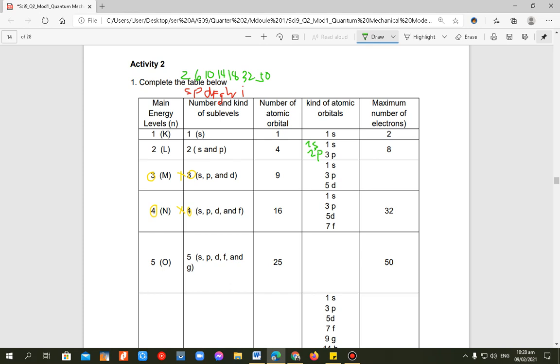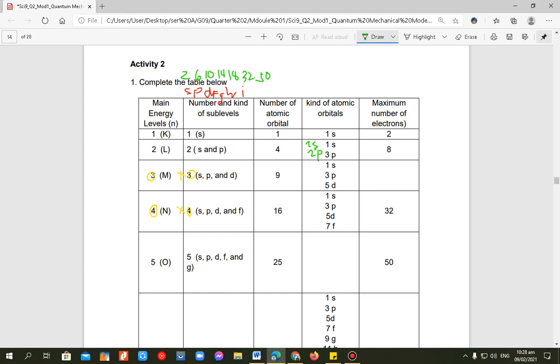Sa 3 naman, tatlo daw na sublevels. So meron po tayong S, P, D. Pwedeng 3s, 3p, 3d. Sa pang-apat na main energy level is 4 daw na sublevels.